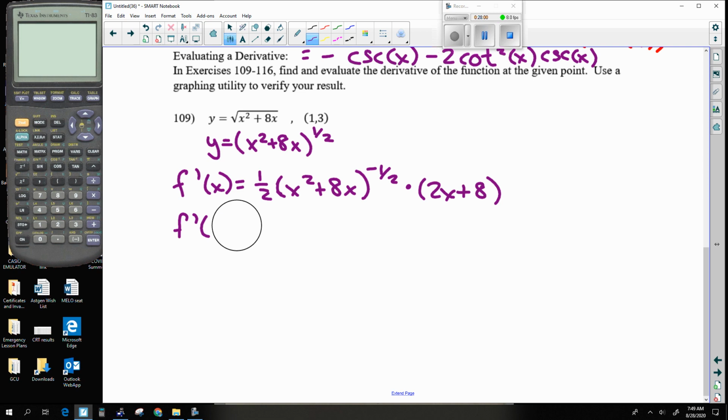So, what is the derivative at that point? That makes the x, 1, of that point. So it's 1/2 times 1 squared plus 8 to the -1/2 times 2 plus 8.